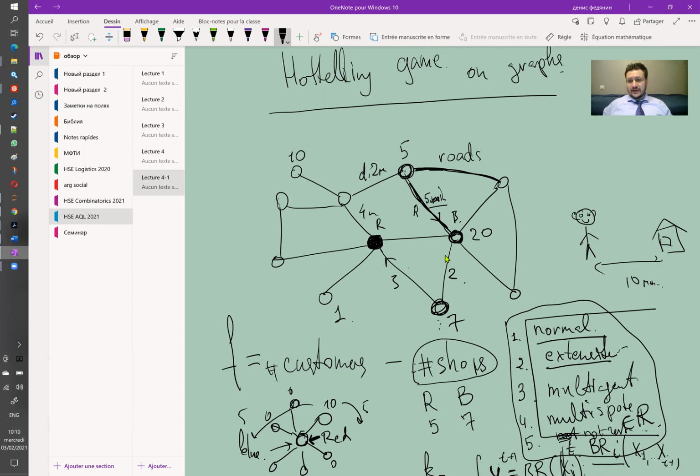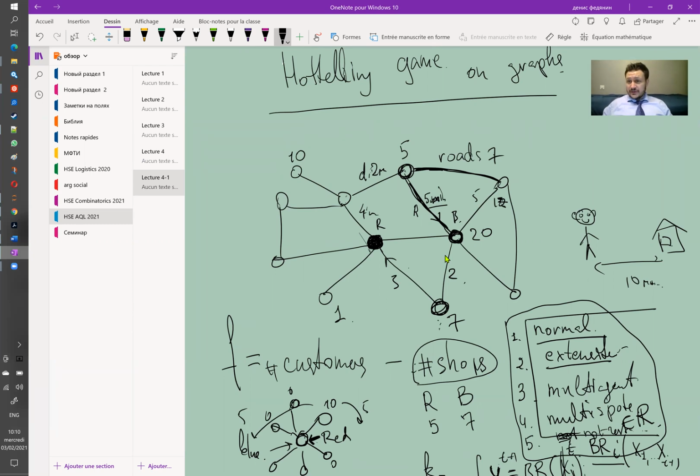It means that if a blue player has to find a place, he cannot consider this place as the best one because he doesn't know that these 5 customers will go to him, because he doesn't know that this road exists or works properly. So maybe he thinks that these customers will choose between this road, so it's 6, 2 plus 4, and this one, 7 plus 12. Oh, 5. And he will never place his shop here.